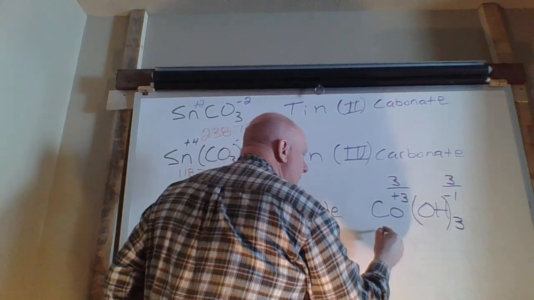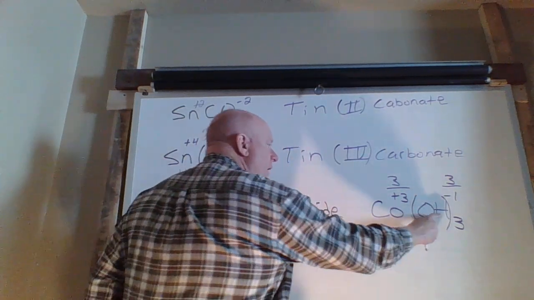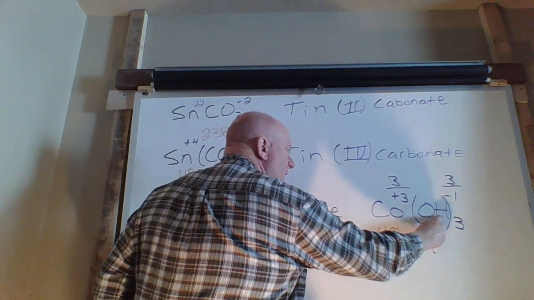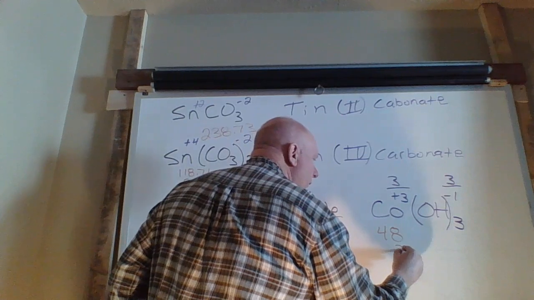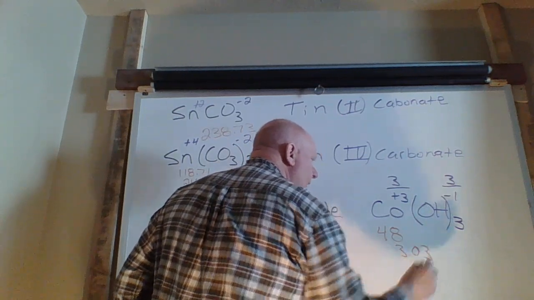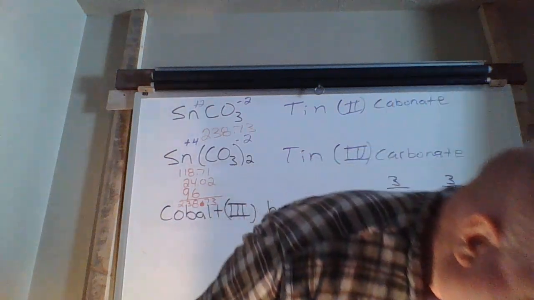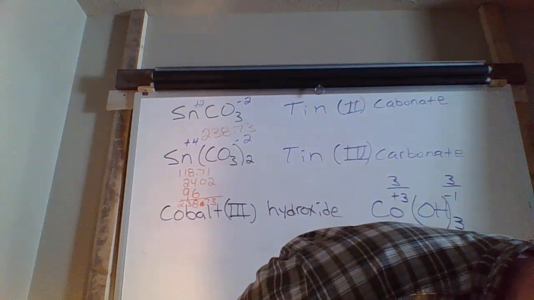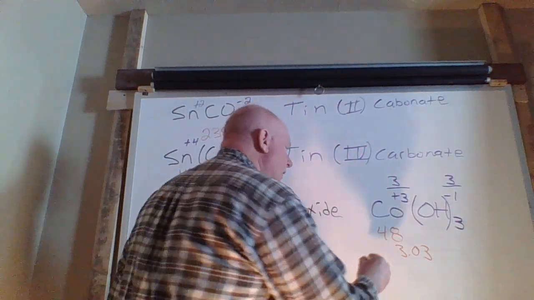So 16 times 3 gives you 48. 1 hydrogen is 1.01, but we've got 3 of them. So therefore, we've got 3.03. And then cobalt is element 24, I think. No, that's chromium. Cobalt is 27, so that's 58.93.